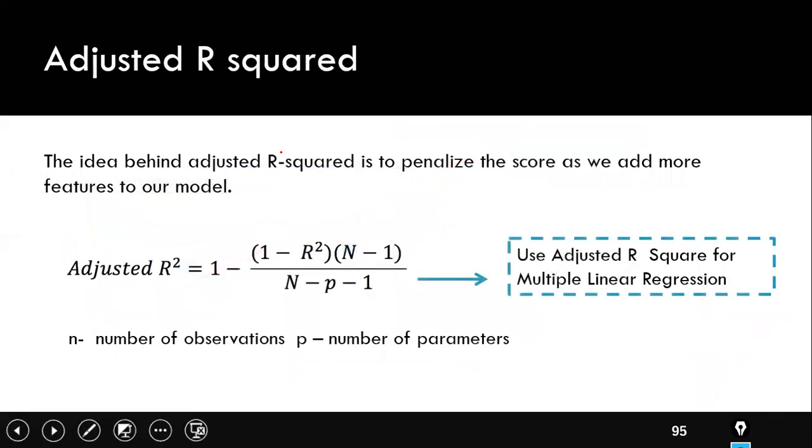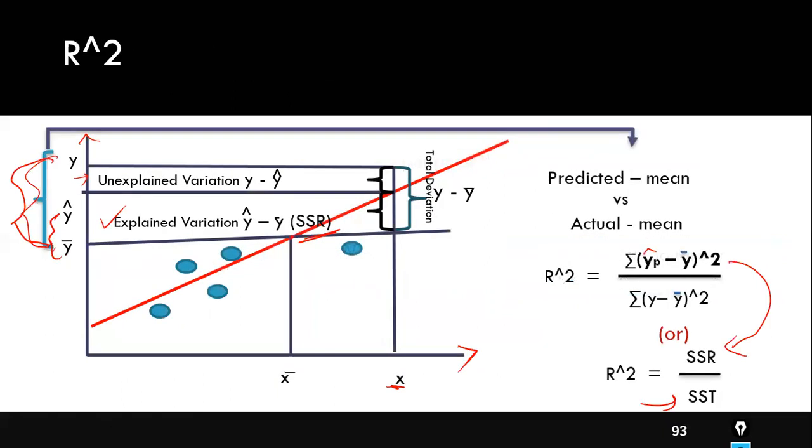Next one is the adjusted R square. The limitation with R squared is that its value increases as you keep including independent variables in the model.